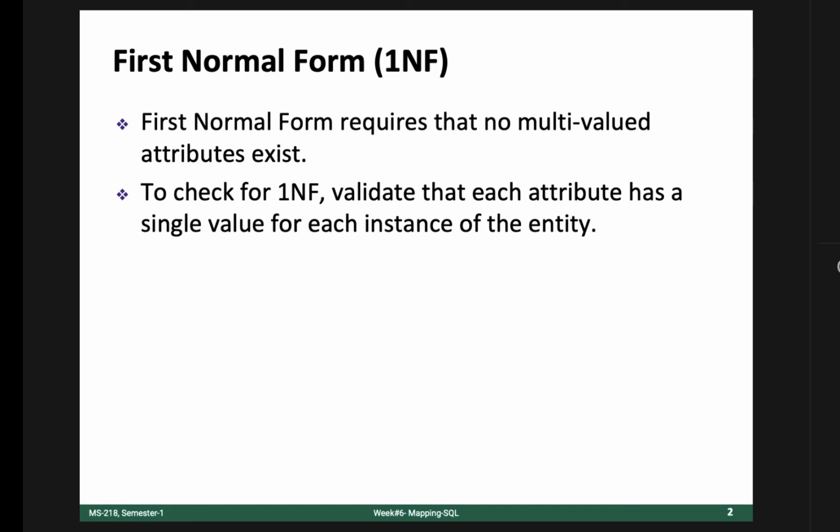Just like an Excel sheet, for each row and each column, where that column and row intersect, only one value should be there. If this condition is true for all your entities, the database is in first normal form, and it's very easy to achieve.